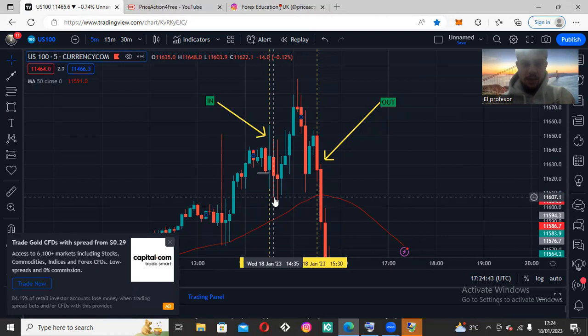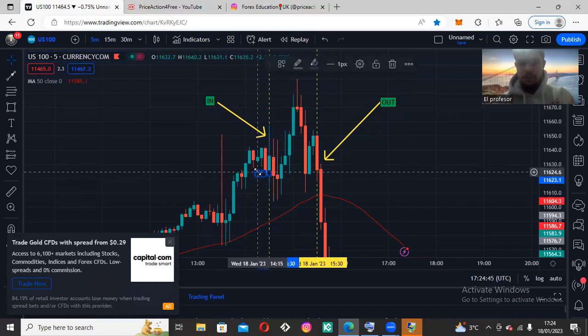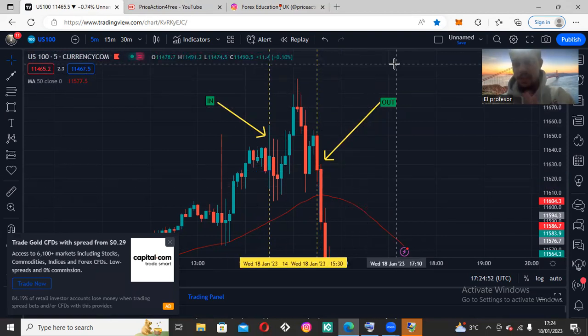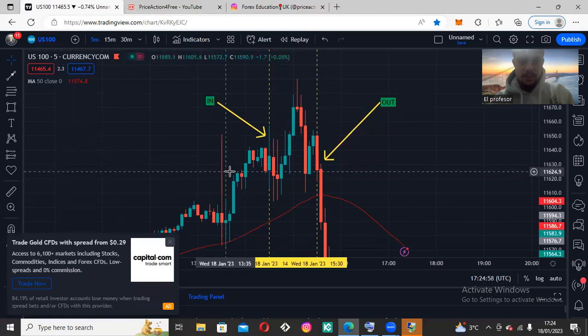That's what happens most of the time, and sometimes it goes in the same direction, but it's not a good idea to base your trade on the first candle. So yeah, that's the first candle.